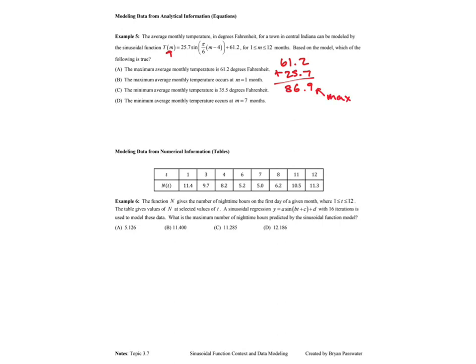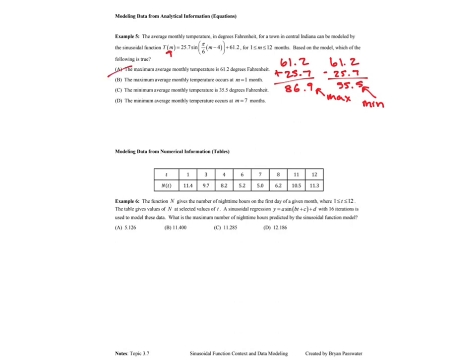Yeah? Okay. What's the minimum? What do you do? Yeah, 61.2 minus the amplitude, 35 and a half. That's the minimum. So A says the maximum average monthly temperature.